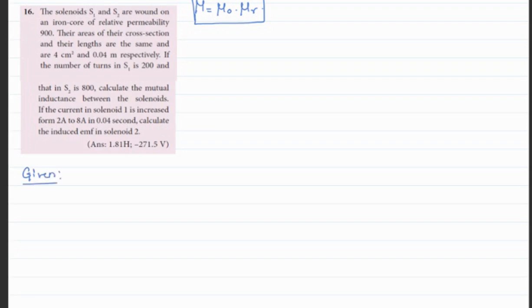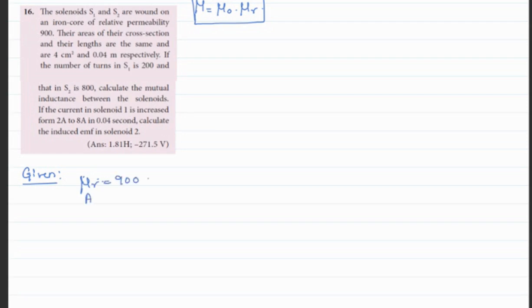What is given? Relative permeability mu R is given as 900.